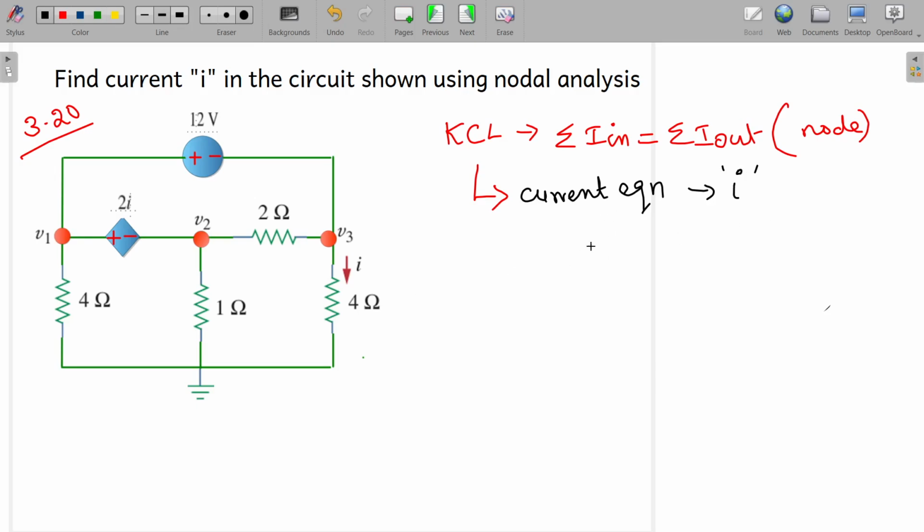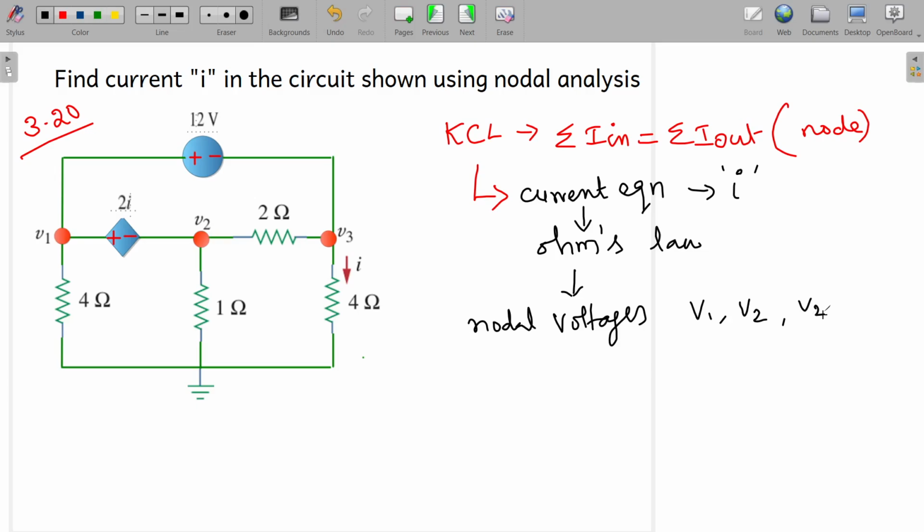To this current equation, we have to apply Ohm's law. After applying Ohm's law, you will get the equation written in terms of voltages, that is, the nodal voltages V1, V2, V3 and so on.